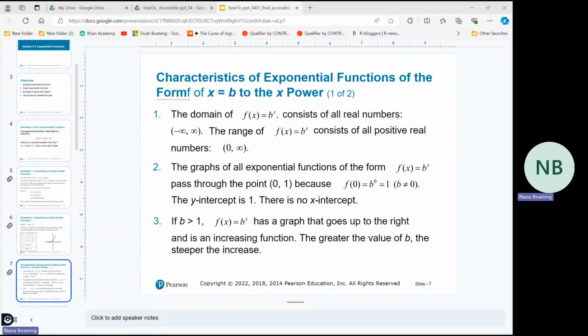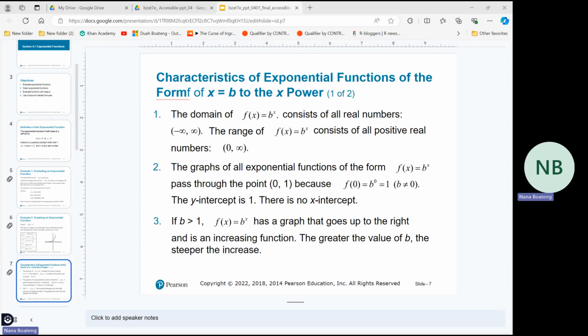The domain of f of x: for any exponential function f of x, the domain consists of all real numbers, so from negative infinity to positive infinity. But the range goes from 0 to positive infinity.